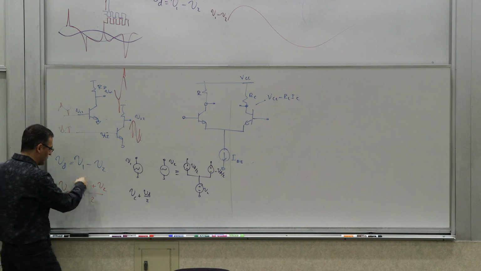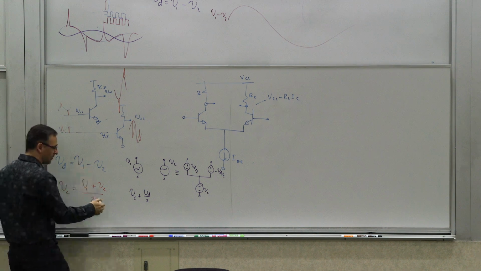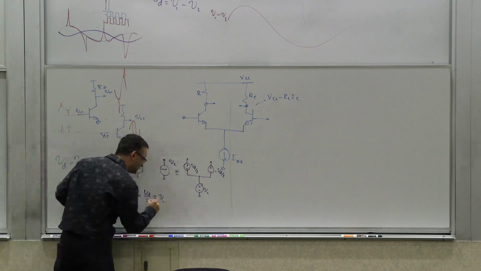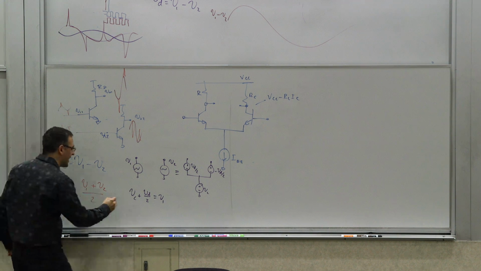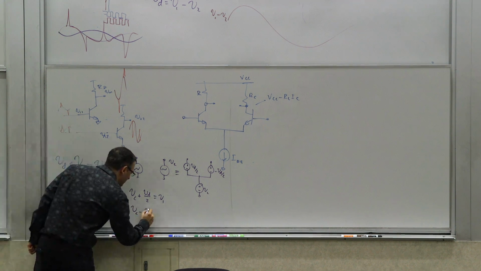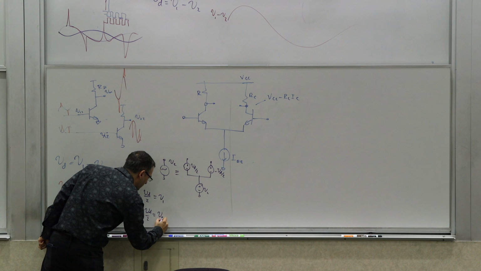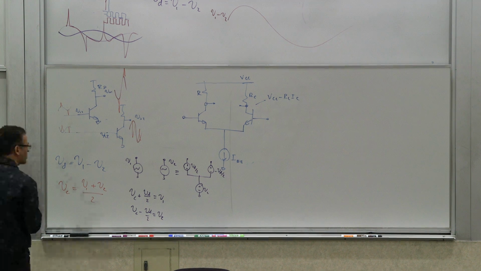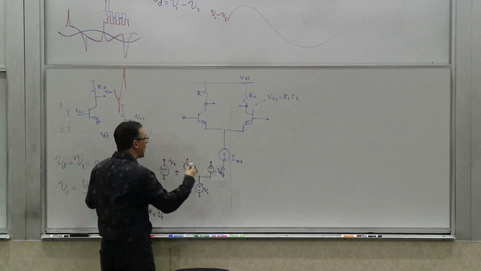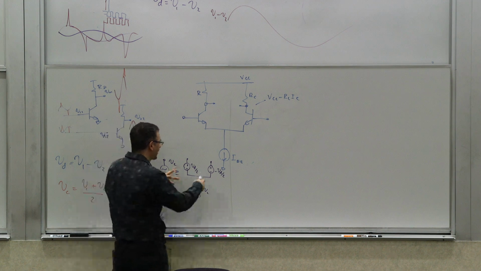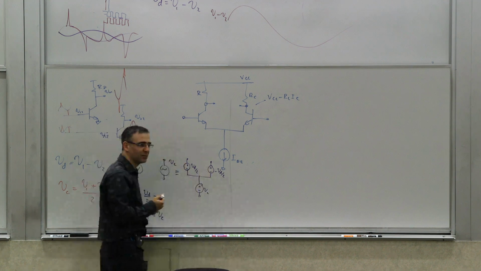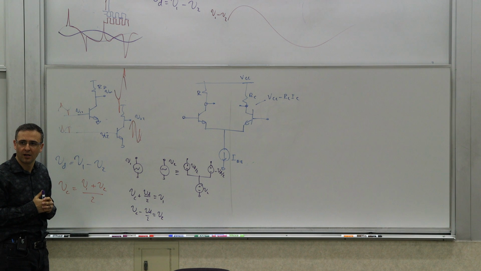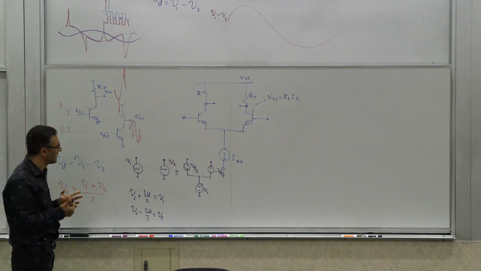So you add them, you get V1 over 2 plus V1 over 2, so this becomes V1. And the same way, VC minus VD over 2 is going to be V2. Very simple. You can solve for them in terms of VC and VD. So you can think of any two arbitrary sources as a combination of a differential part and a common part: the sum and the difference.